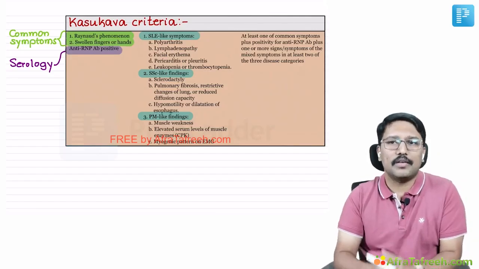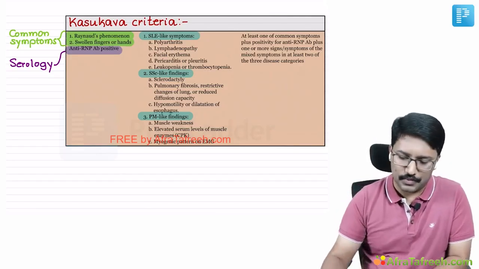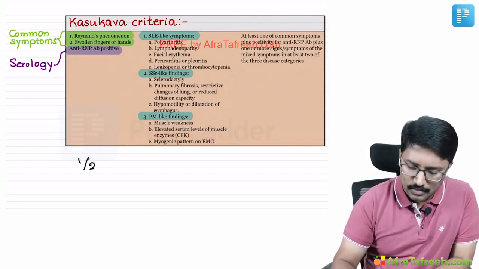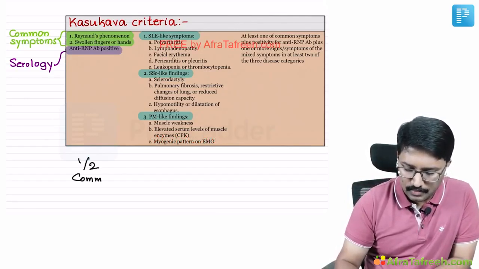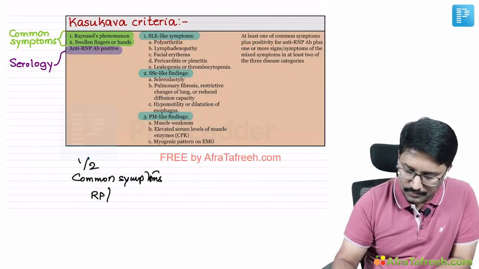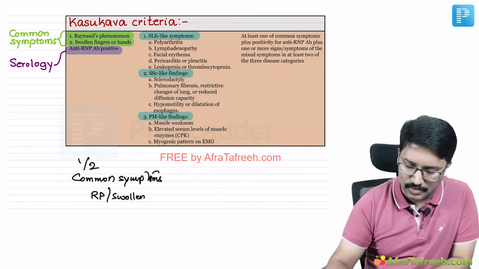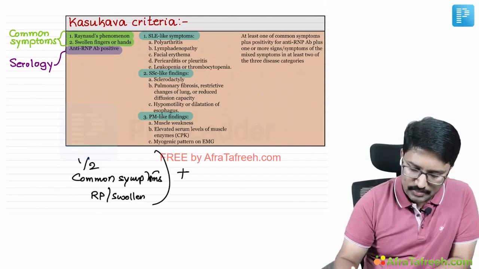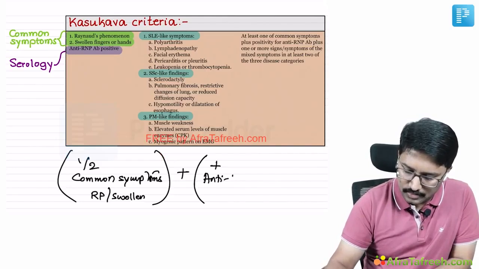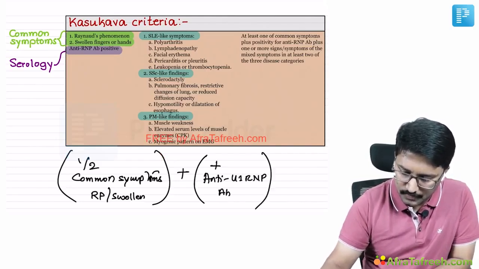So what is required in Kasukawa criteria for the diagnosis of MCTD is patient should first satisfy one of the 2 common symptoms, right? So patient should either have Raynaud's phenomenon or have swollen fingers or hands. Plus, after this, patient should be positive for anti-U1 RNP antibody, right?